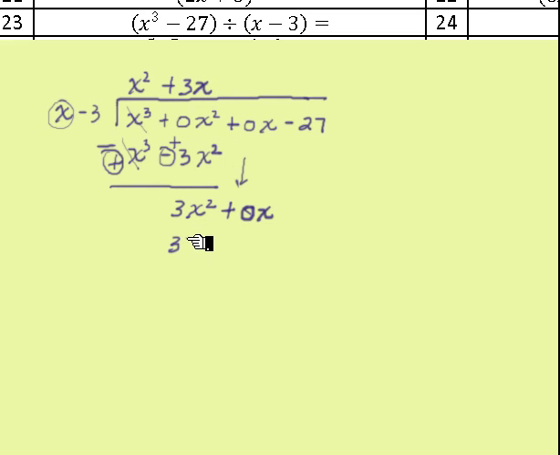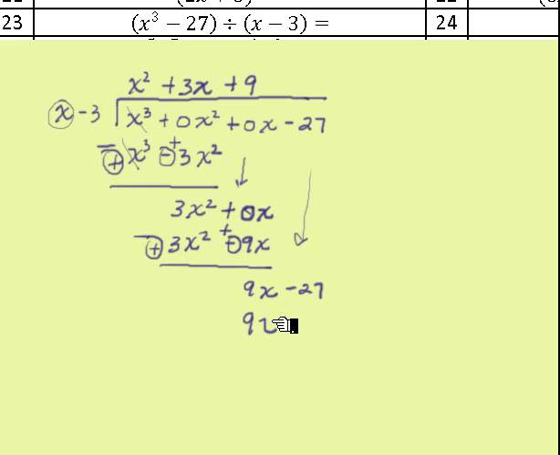Multiply, and we have 3x squared minus 9x. Change signs and add, and we have 9x. Bring down the minus 27. x goes into 9x plus 9 times.